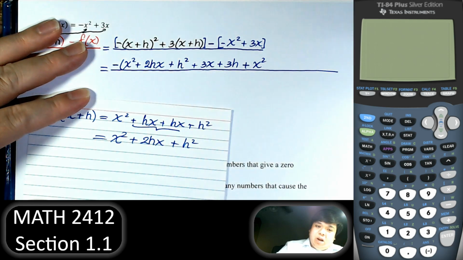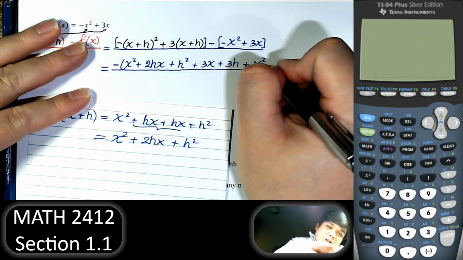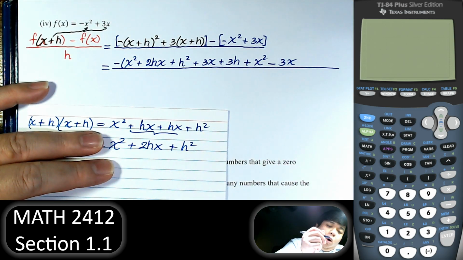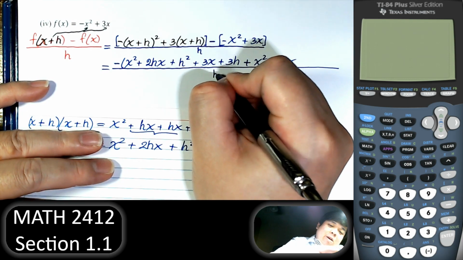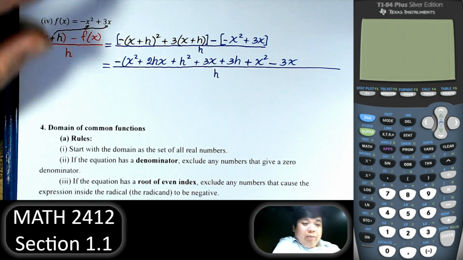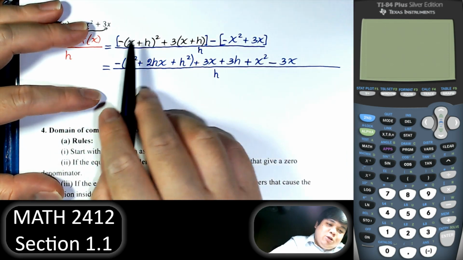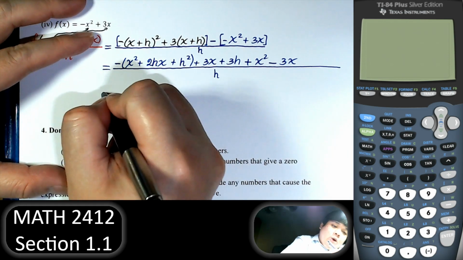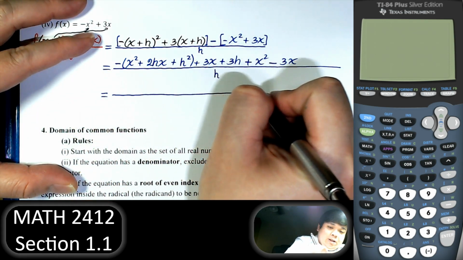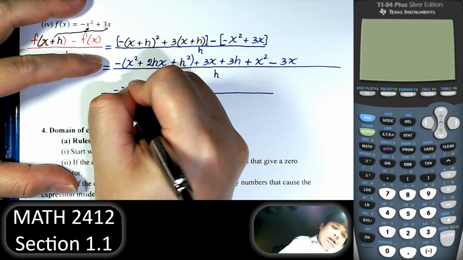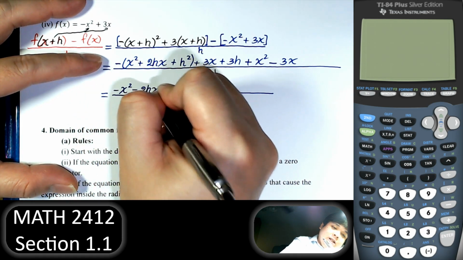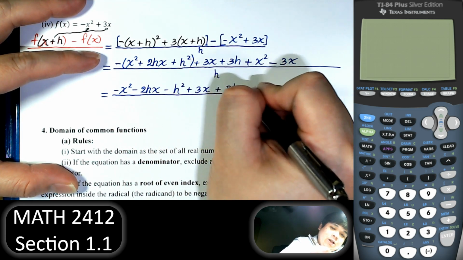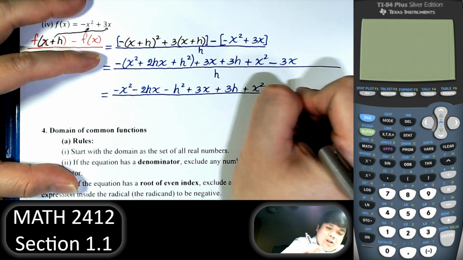That turned into a plus, minus a plus, minus a positive, so minus 3x. All of that divided by h. Now we remove the parentheses: negative x squared, negative 2hx, negative h squared, plus 3x, 3h, plus x squared, minus 3x, over h.